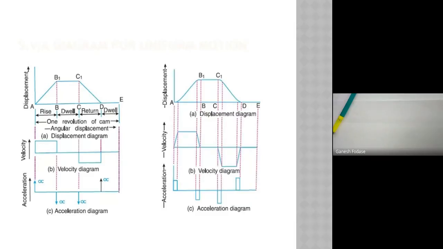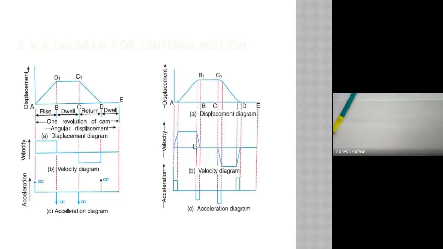So by rounding the sharp corners of the displacement diagram at the start and end, the velocity which was constant here is not constant during this period. It is gradually increasing. Now the slope of the velocity diagram is constant during this period, and further it remains constant velocity.